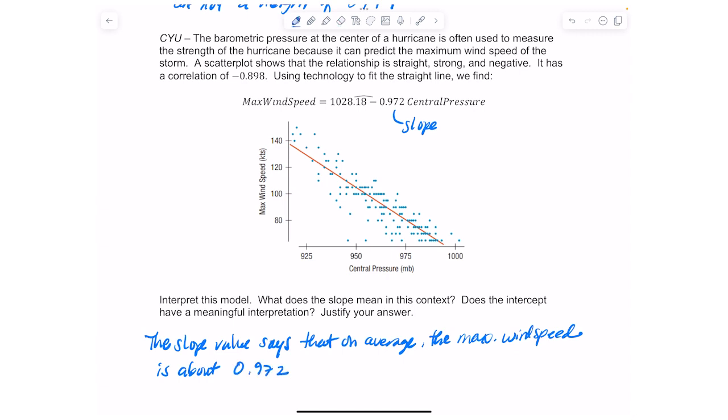Okay, I'm not going to use the negative version. That just represents a decrease. It's 0.972 knots higher for every 1 millibar drop in central pressure. That's MB, millibars.